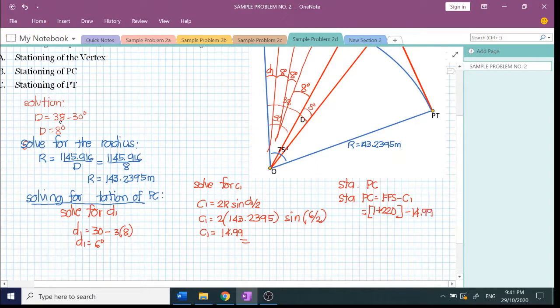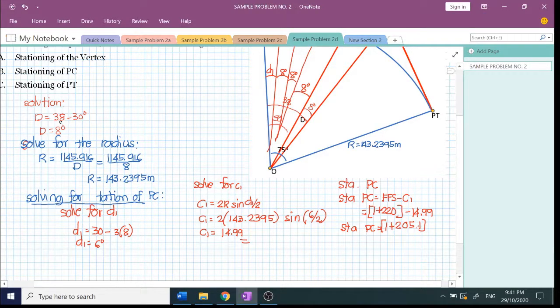So what will be our stationing of the PC? Our stationing of the PC will be at station 1 plus 205.1. This is our stationing of the PC. Okay?